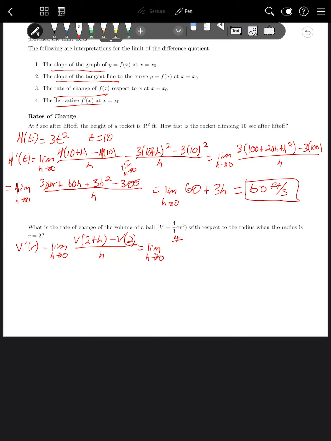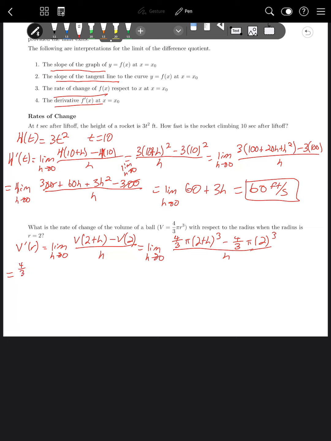So this will be 4/3 pi times 2 plus h cubed minus 4/3 pi times 2 cubed all over h. Okay, so then we're going to multiply this out. So this will be v prime, this will equal, multiply out the cubed, right? So that's 2 plus h times 2 plus h times 2 plus h.